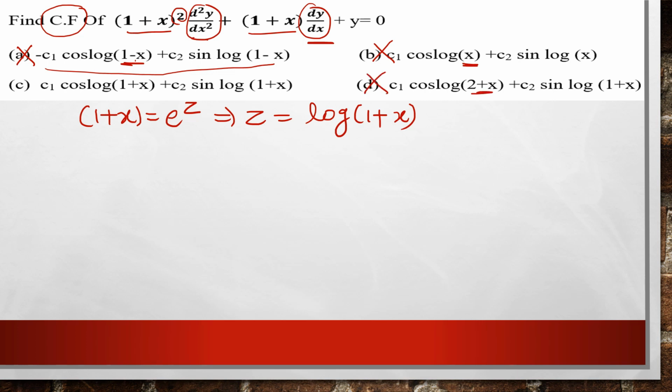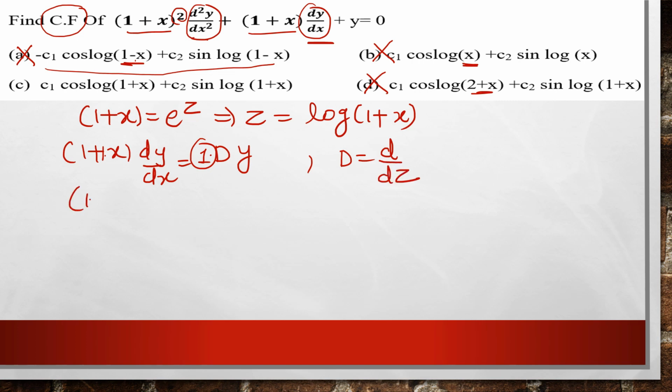But still if you want to solve it further, we know what we used to do: 1 plus x dy over dx will be equal to Dy times b, where this b is actually the coefficient of x. Here the coefficient of x is 1, so this will be 1, and this D is derivative with respect to z.